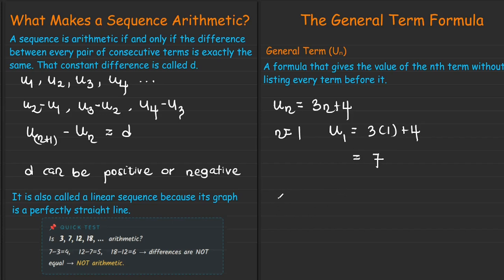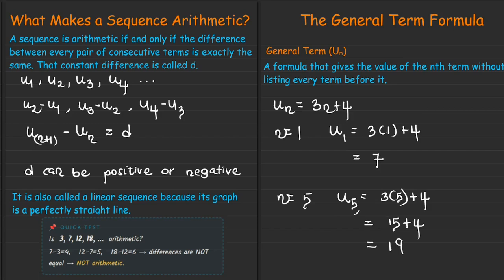If I want my fifth term, that is to say n equals 5, I have U5, which becomes 3 into bracket 5, then plus 4. 3 times 5 gives us 15, so we have 15 plus 4, which gives us 19. I did all these without having to start from the first term, second term, third term, till I get to the fifth term. That is what we call the general term.